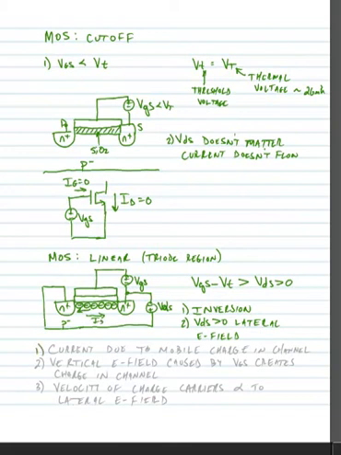So we make a couple of assumptions. One, that the current is due to mobile charge carriers in the channel.